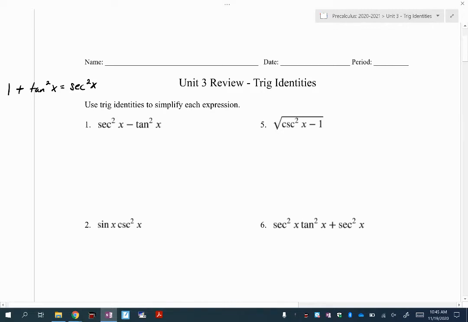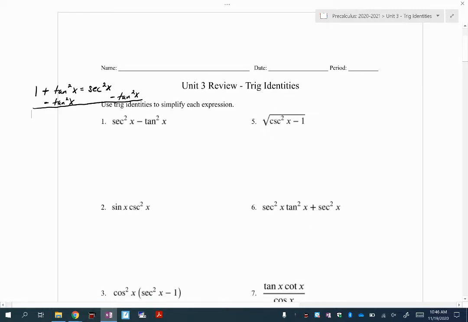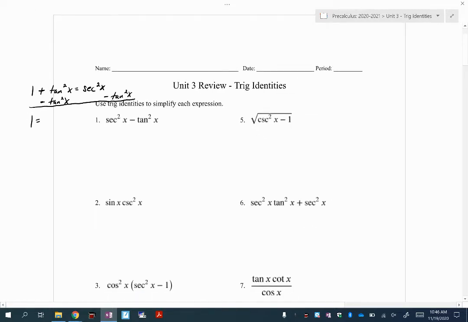Okay, so if I move that tangent squared to the other side with subtraction, and do that algebra, I'll get 1 equals secant squared x minus tangent squared x. And that's what we have right here. If you look at this problem, we have secant squared x minus tangent squared x, which is the right-hand side. So this is the same as 1.